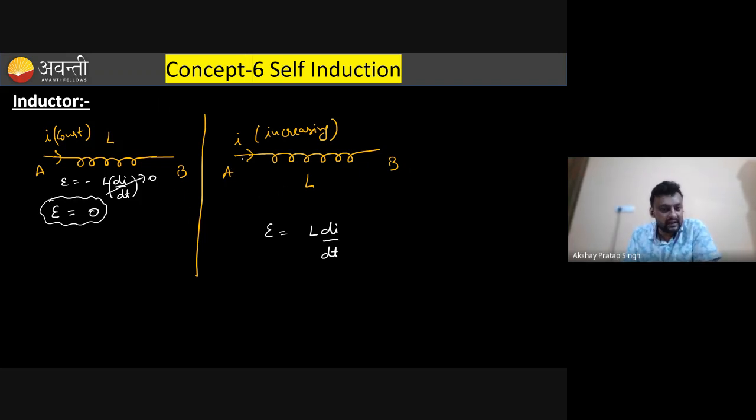The current is increasing and is moving from A to B. So it will create a cell which will send current from B to A, opposite to the original.